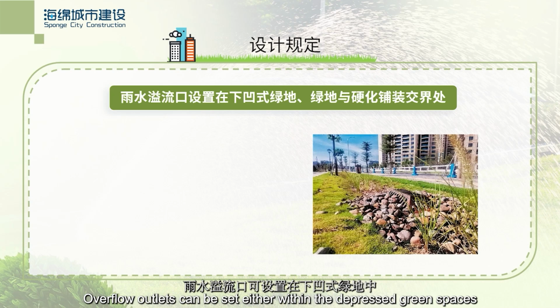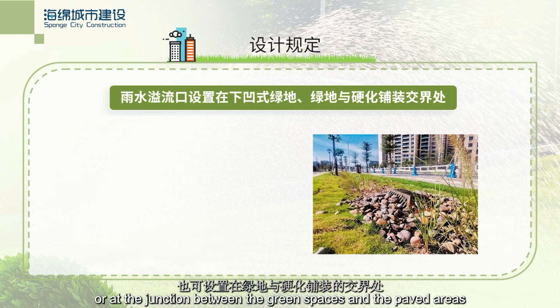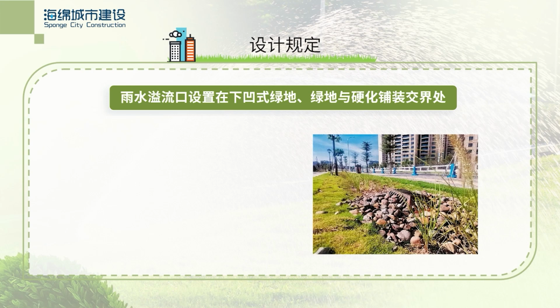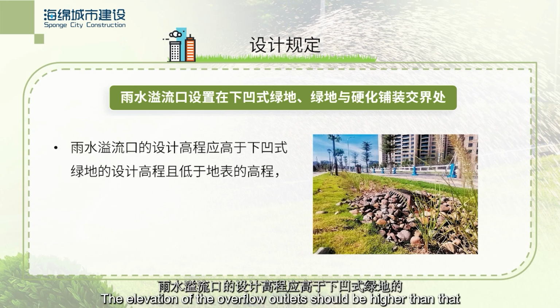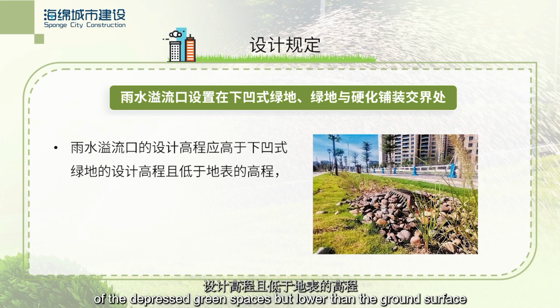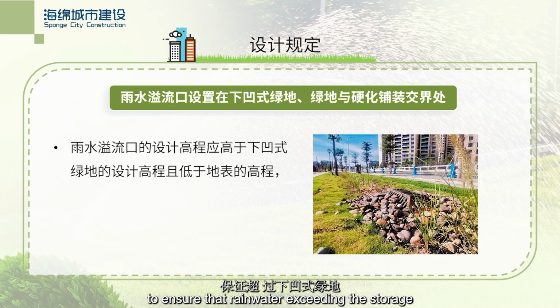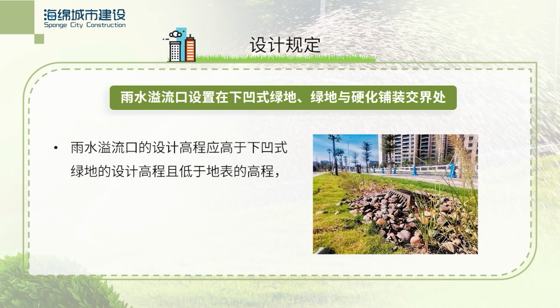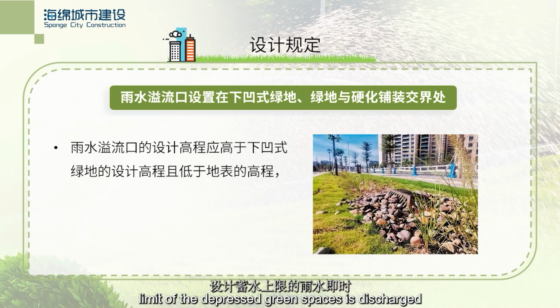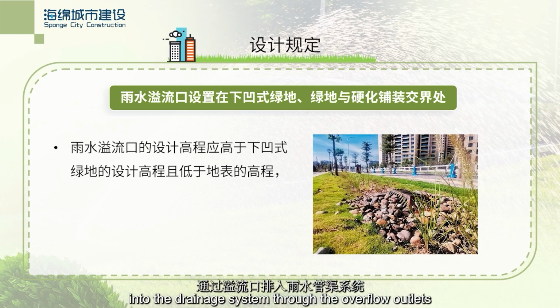Overflow outlets can be set either within the depressed green spaces or at the junction between the green spaces and the paved areas. The elevation of the overflow outlets should be higher than that of the depressed green spaces but lower than the ground surface to ensure that rainwater exceeding the storage limit of the depressed green spaces is discharged into the drainage system through the overflow outlets.